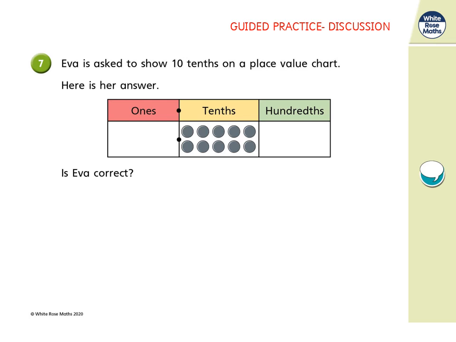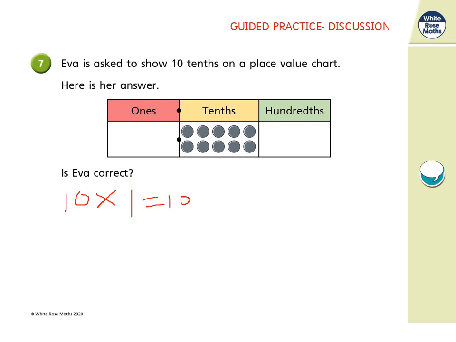Again, with some guided discussion, Ava has asked how to show 10 tenths on a place value chart. Here is their answer. Is Ava correct? So, 10 tenths. Let us just think about what we already know about counters making 10. So we know that 10 lots of 1 equals 10.